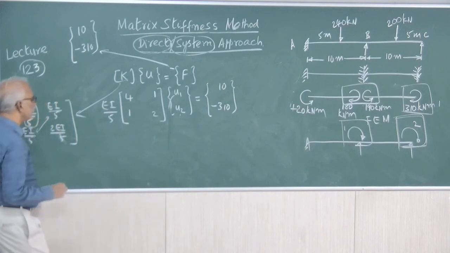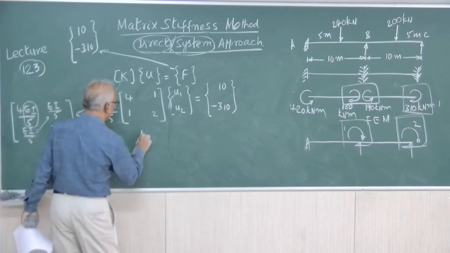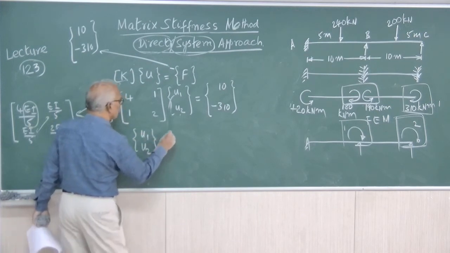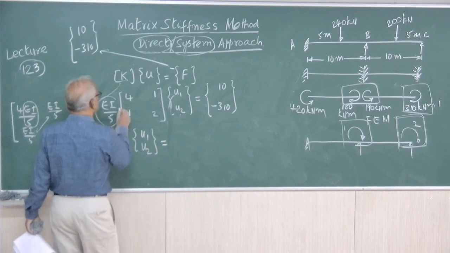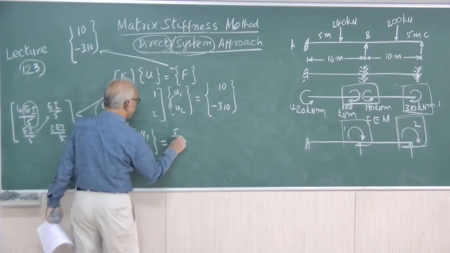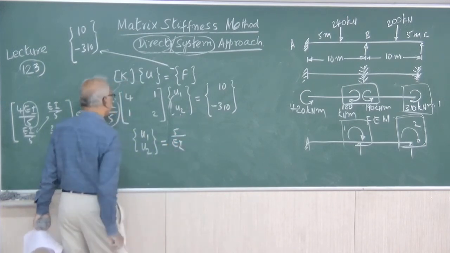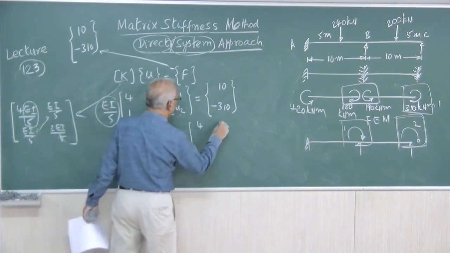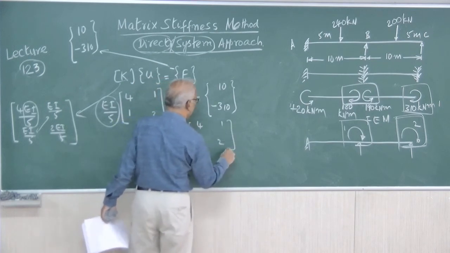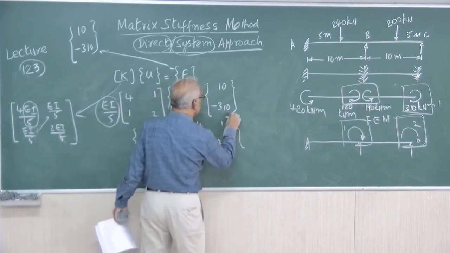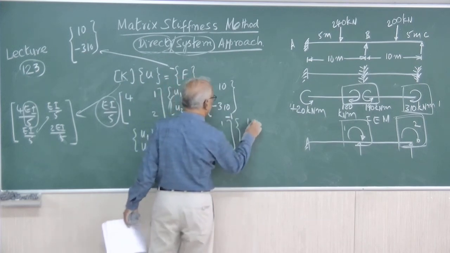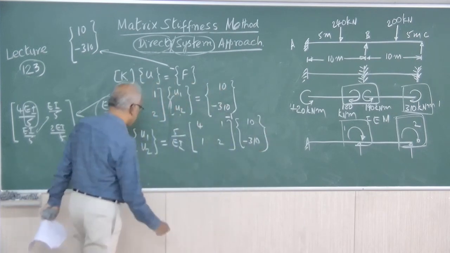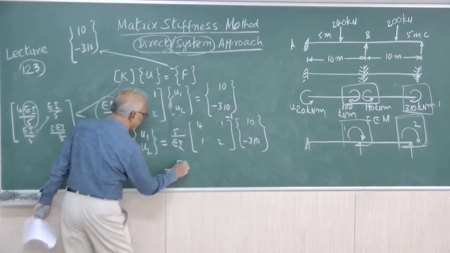So we have to solve the equation. U1, U2 equals, when this goes to the right hand side it will become 5 by EI into the inverse of this matrix 4 1 1 2, into 10 and minus 310. So this is equal to 5 by EI.